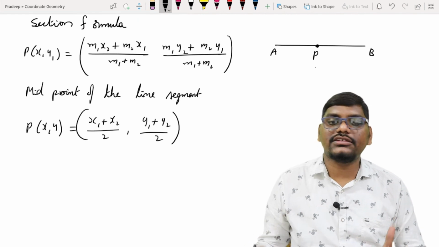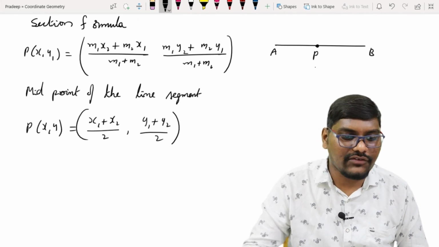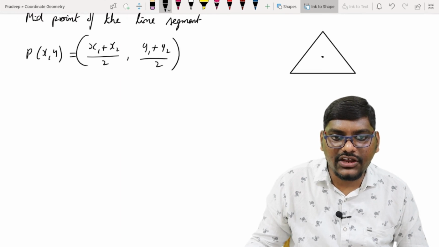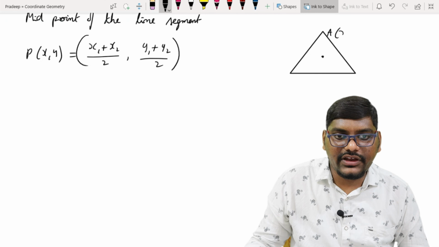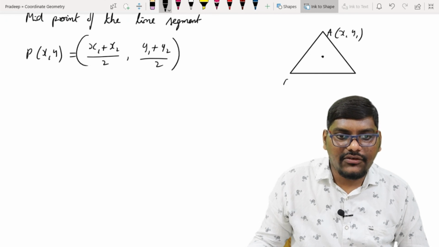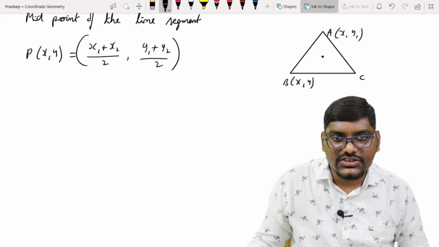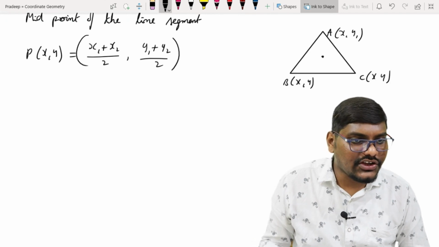So the third one is finding out the centroid of the triangle. Suppose this is a triangle, and the coordinates are given, and we are finding out the center of this particular triangle. So this is called the centroid of the triangle.